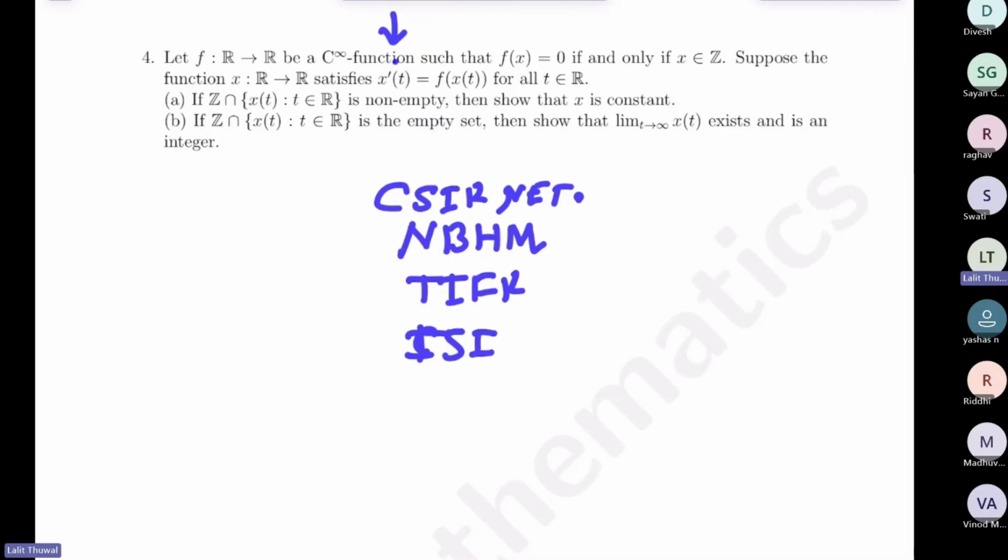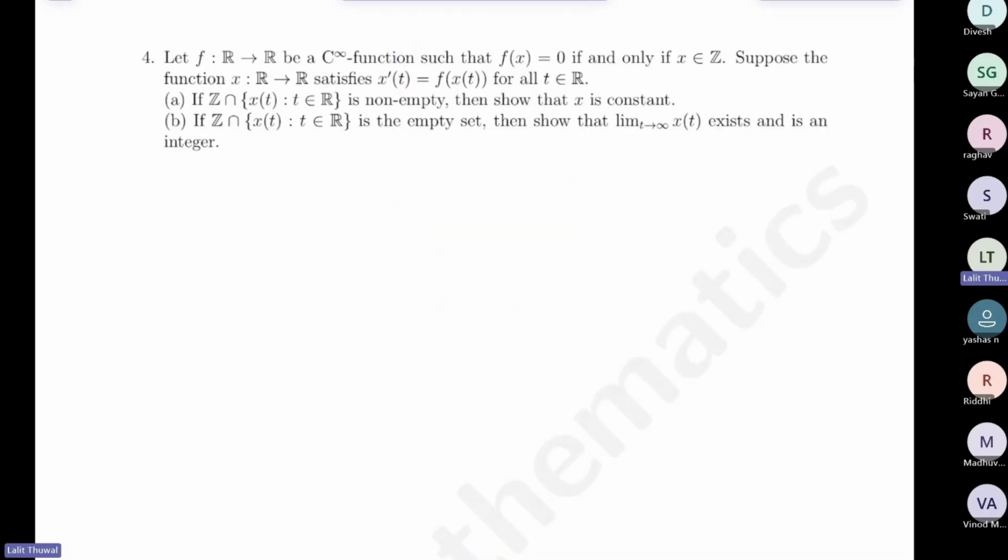And in CSIR NET, I have seen this a lot of times, this time also, and last time also. So try to learn this. The technique to solve the question is the same every time. The questions may be different, but the technique is the same.